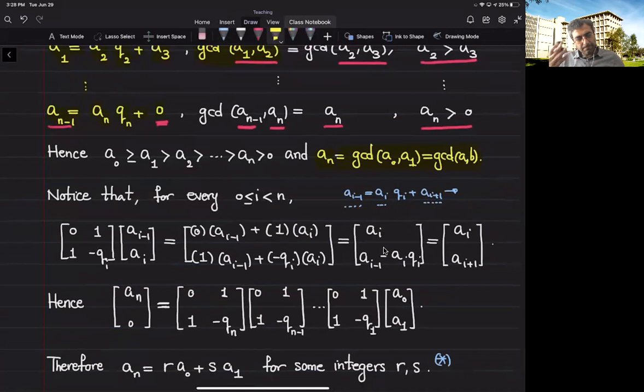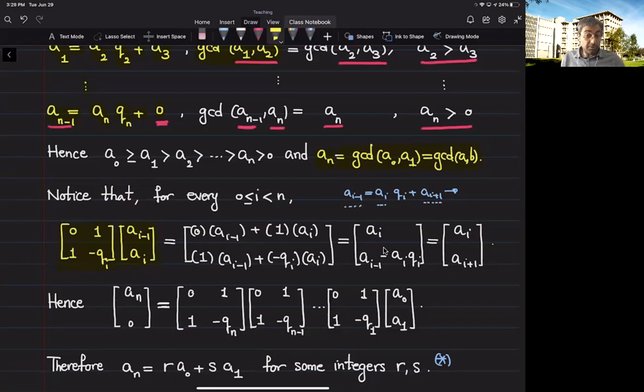When you learn about continued fractions, you see a similar kind of matrix multiplication. Okay, so let's see what it is. Let's look at the matrix that has the first row 0, 1, and the next row is 1, negative Q sub I. And let's multiply this by the column vector A sub I minus 1, A sub I. As I multiply this, what do I get?